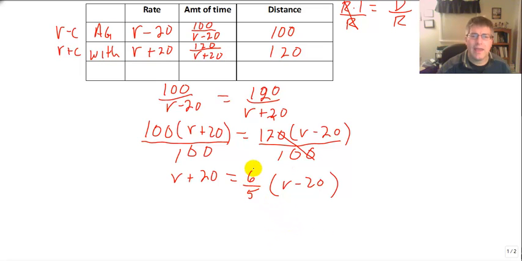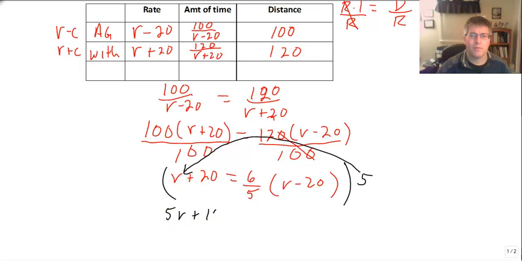Now, I can distribute the 6/5, but in order to get rid of the fraction, I'm just going to multiply every term by 5. So I multiply the r by 5. I get 5r plus 100 equals 6 times r minus 20.